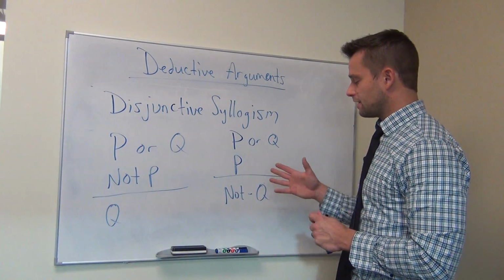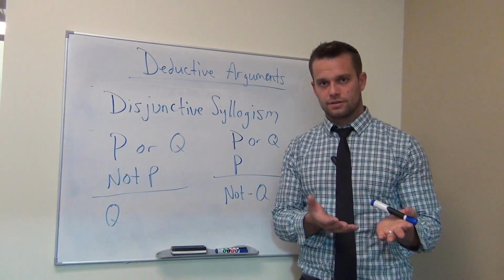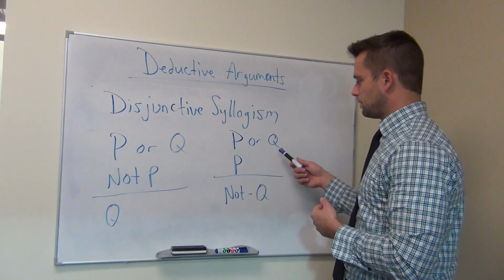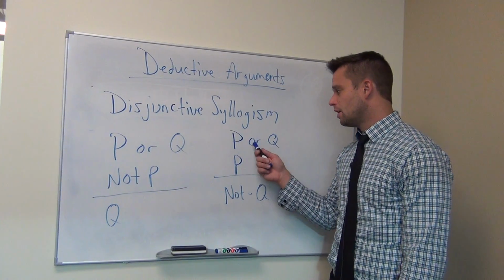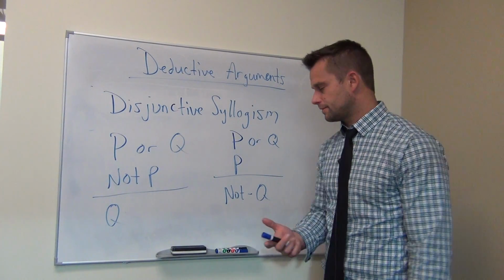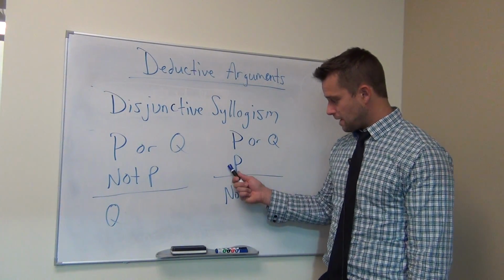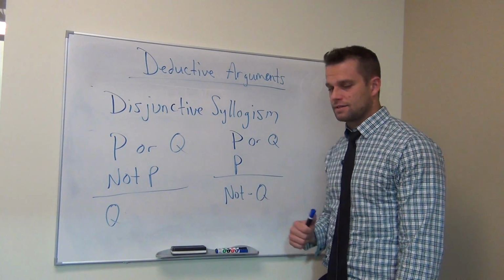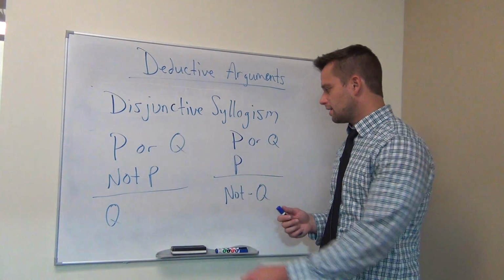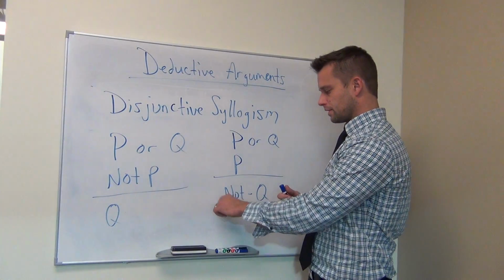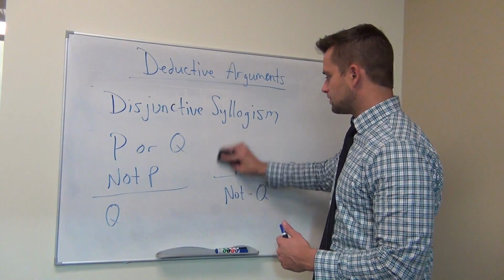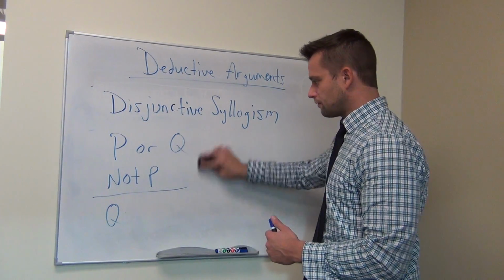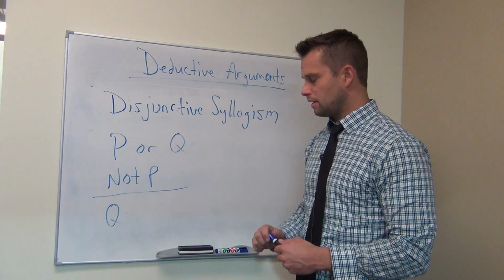However, this is an invalid form, which means that it doesn't guarantee the truth of the conclusion, which can be demonstrated by saying something like: Justin is a man, or he is a philosophy professor. Justin is a man, therefore he's not a philosophy professor. And in that case, the premises would be true and the conclusion is false. So this is an invalid form, but disjunctive syllogism itself is a valid form. P or Q, not P, therefore Q.